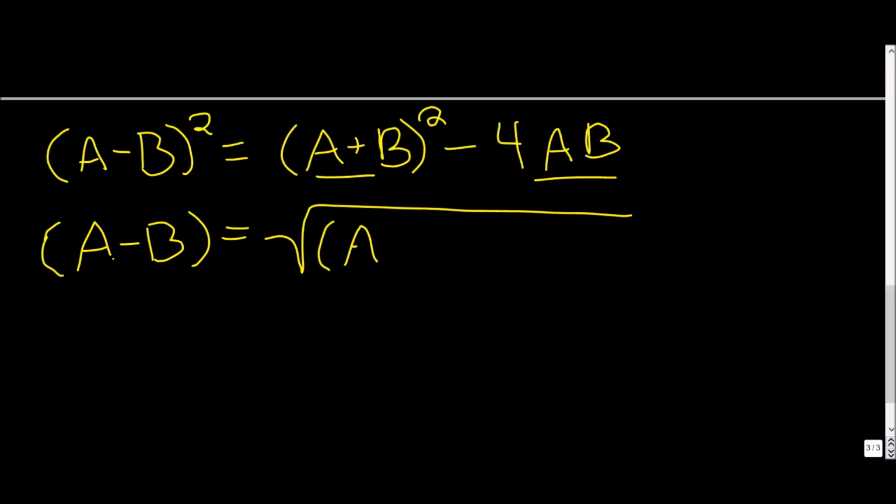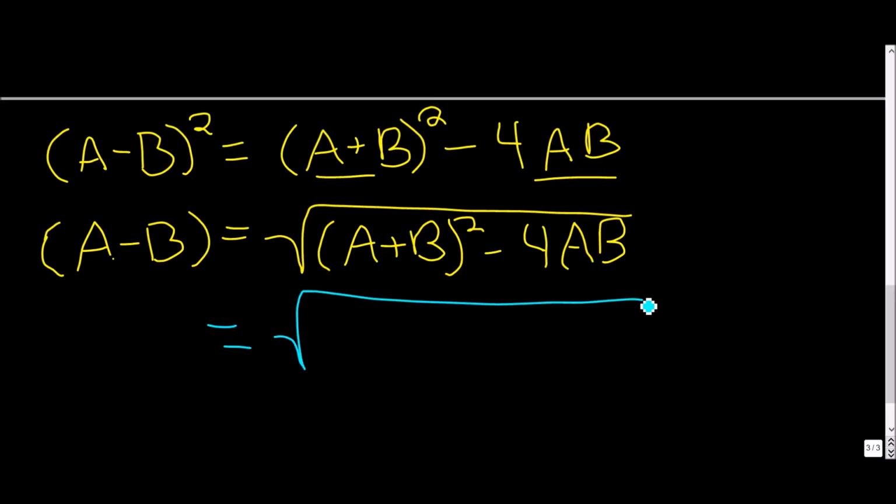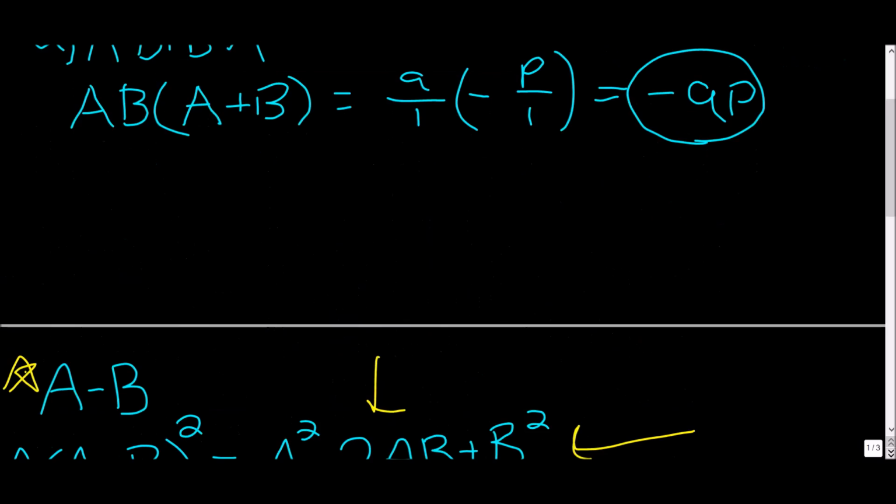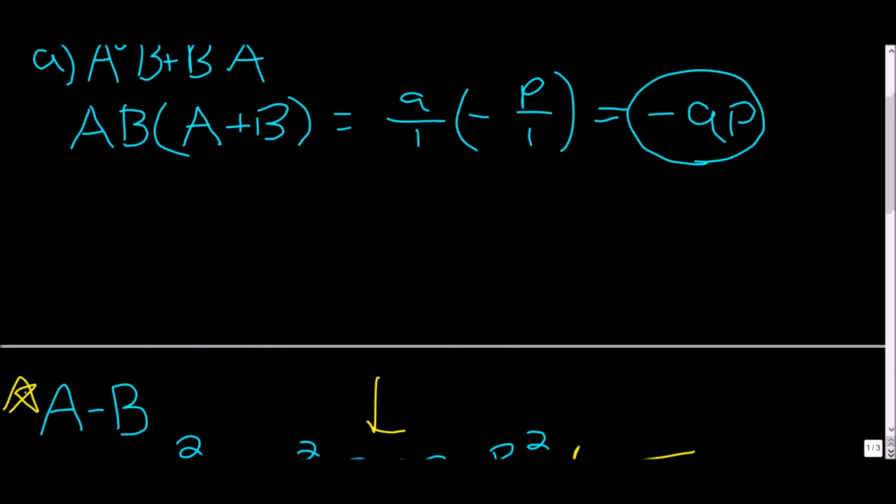I know this is a challenging problem, but follow these notes in case you need it on the next stuff. So if I plug in my knowns, alpha plus beta, what I found before was negative p over 1, or negative p.